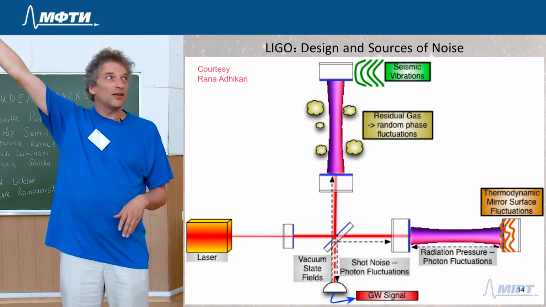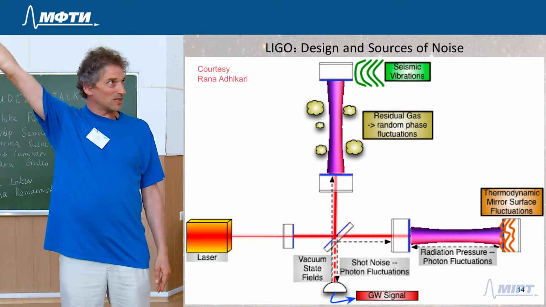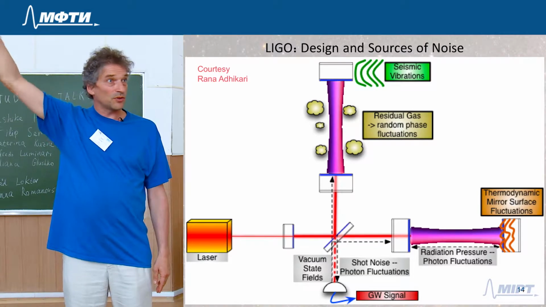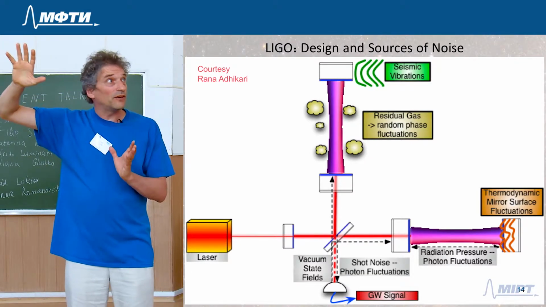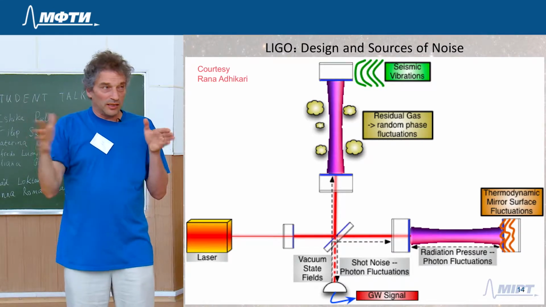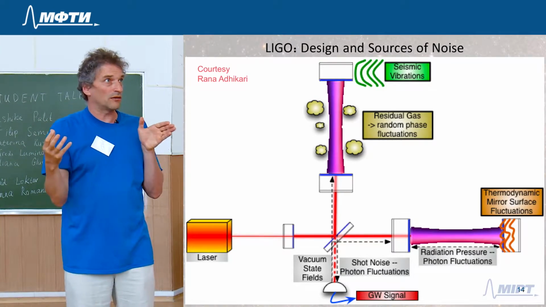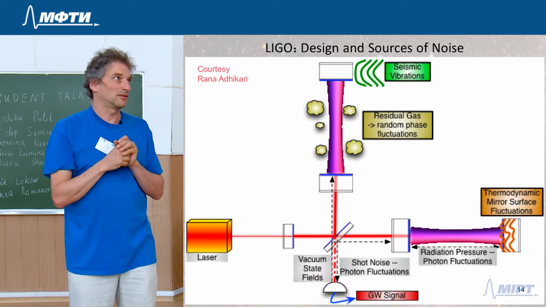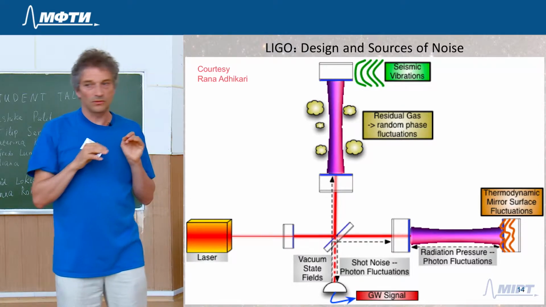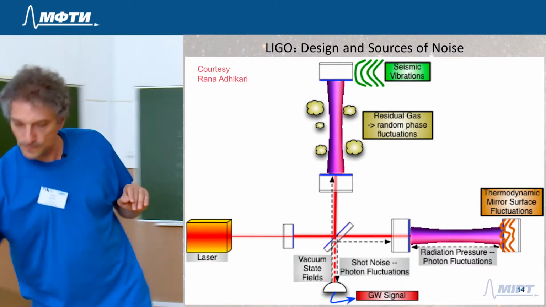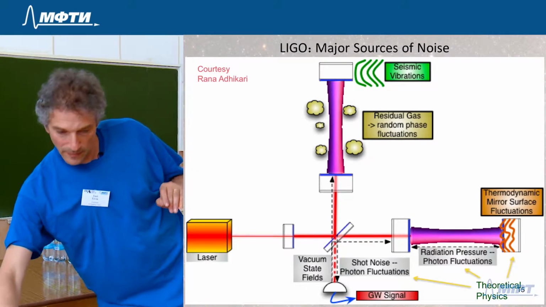That is why you have to have deep vacuum in this 4 kilometers, okay? Because if you don't have deep vacuum, the index of refraction inside the beam is going to fluctuate like crazy, and you will not see anything. So you have to go to very deep vacuum.